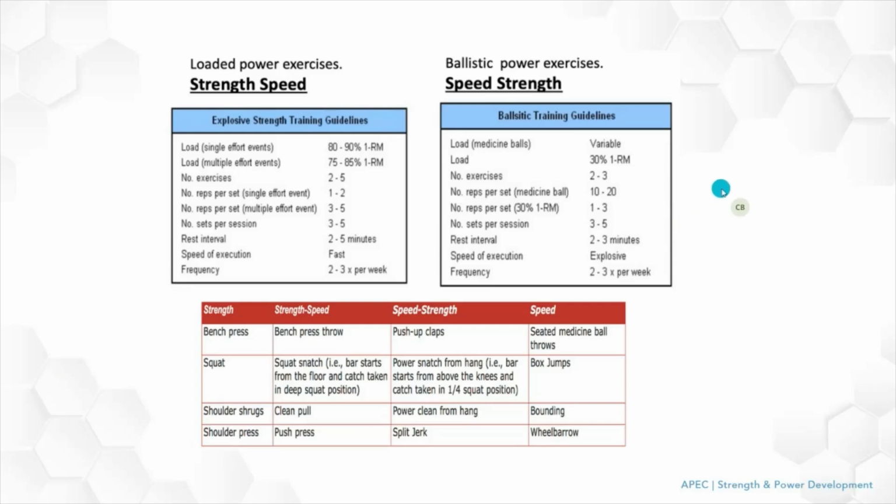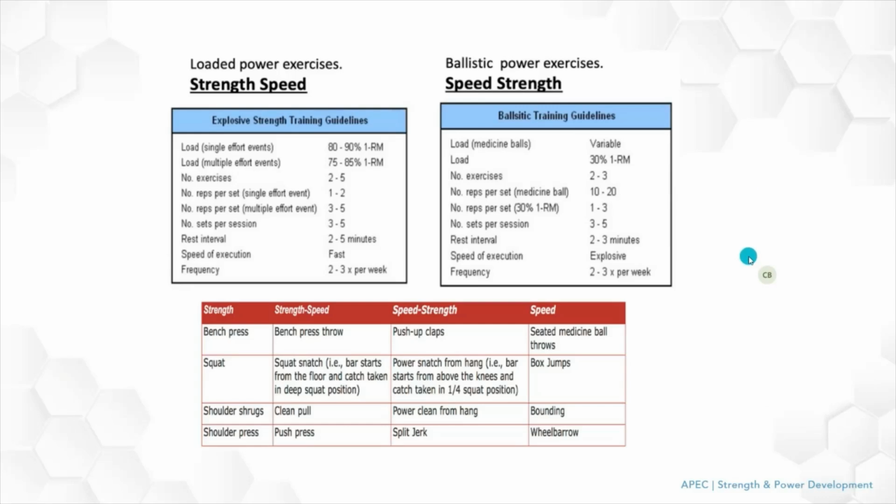And then looking at some more speed strength work, some more plyometric type work, you're looking at lower intensity like I mentioned previously, so anywhere from 0 to 30% of your 1RM, and maybe 2 to 3 exercises per session.